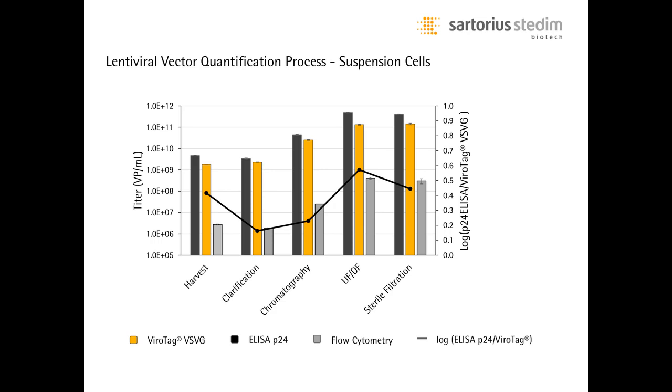The observed functional titers, here again in light gray, for this process are about 1,000-fold below the physical titers. And this could indicate that this particular suspension cell process is generating a lower ratio of infectious lentivirus particles as compared to total particle count.